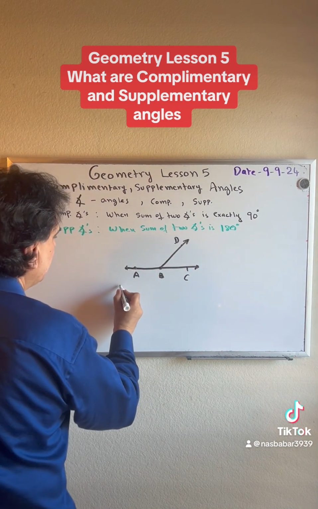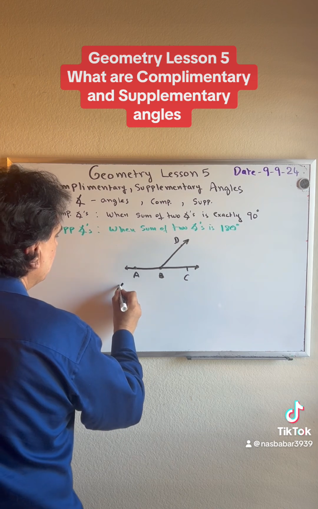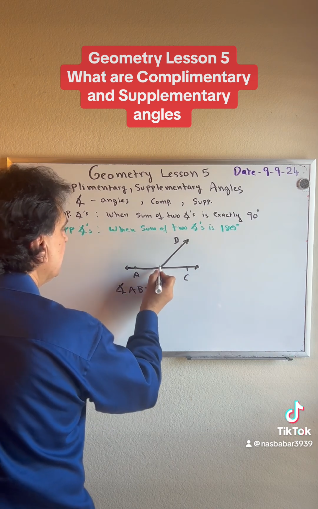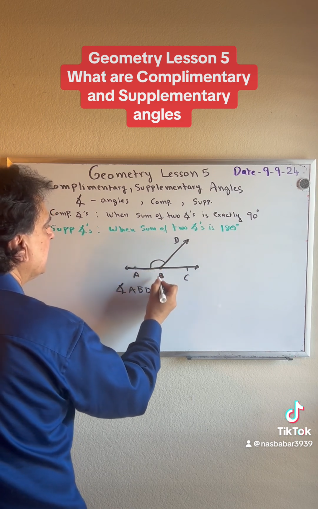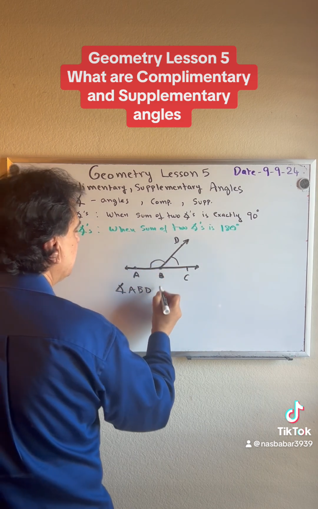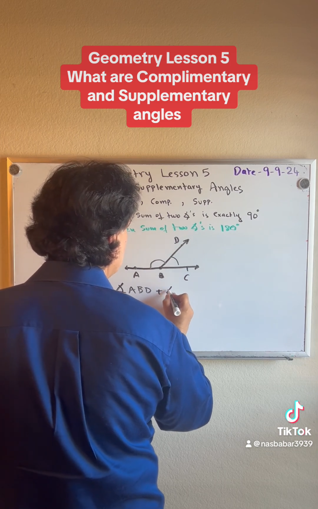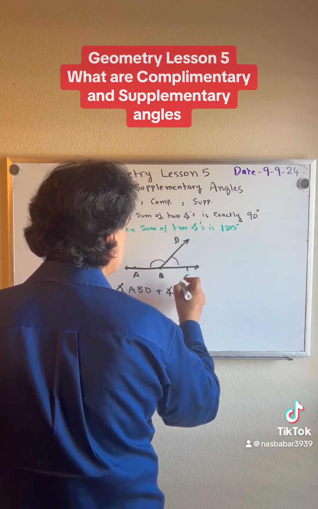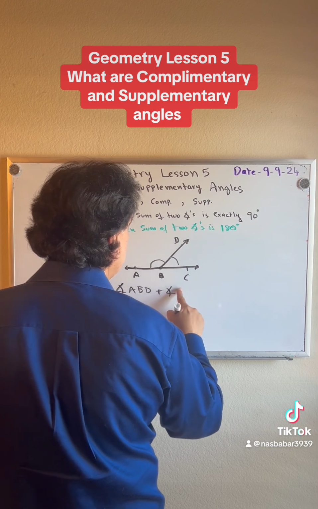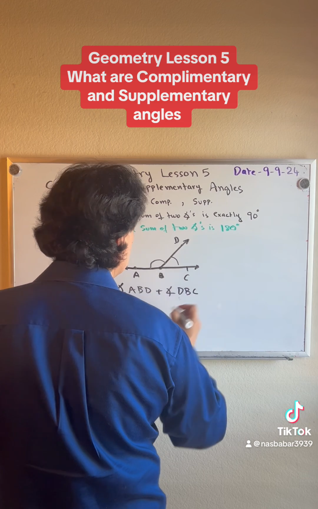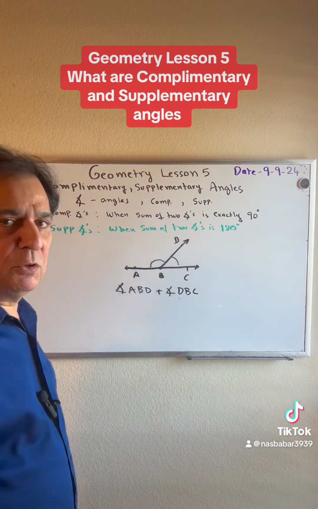Angle ABD, which is this right here, plus this angle right here, which is angle DBC, is the sum of them equal to 180?